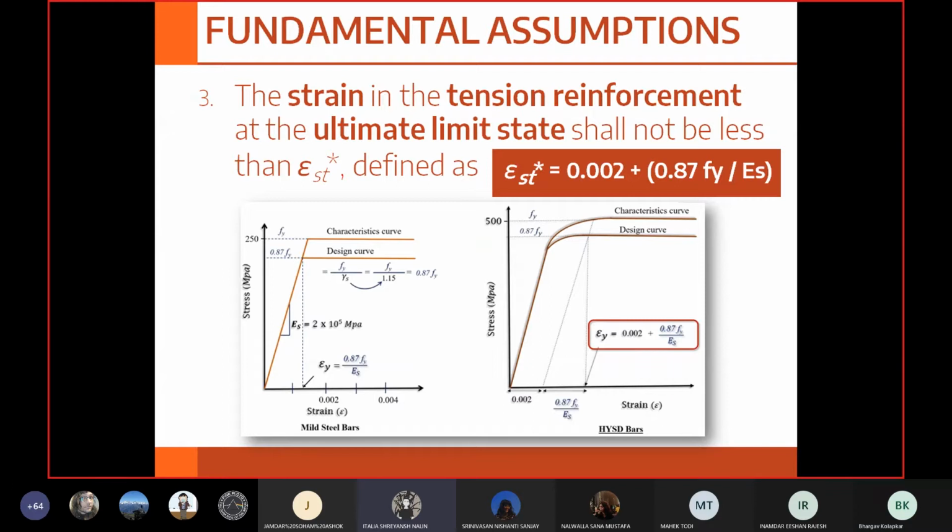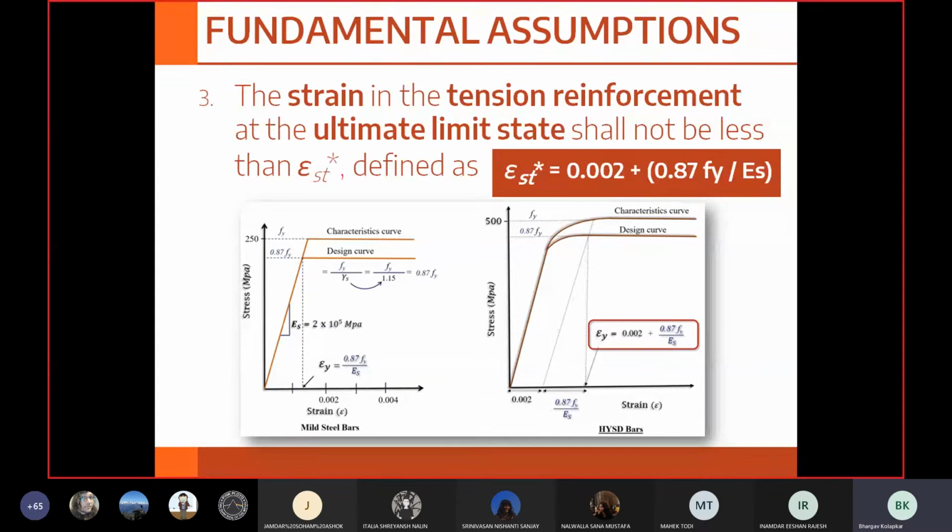Okay. So the failure criteria that we have set for a flexural member is that if the maximum compressive strain reaches the value of 0.0035, the member has failed in flexure. When it fails, the minimum strain in steel should be 0.002 plus 0.87 fy upon Es.